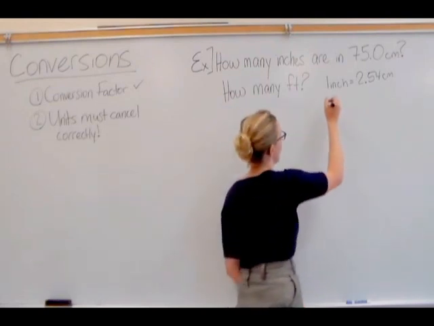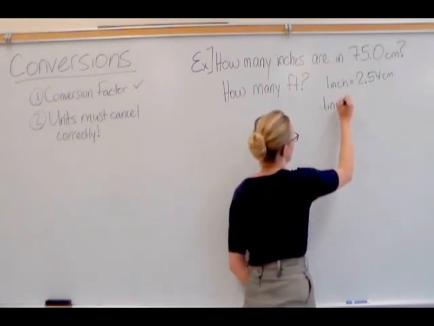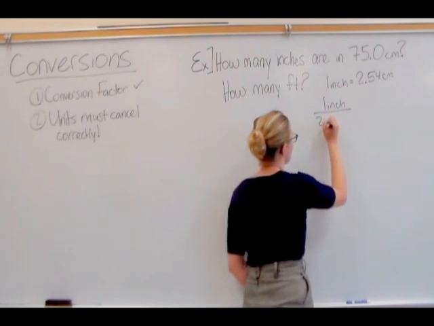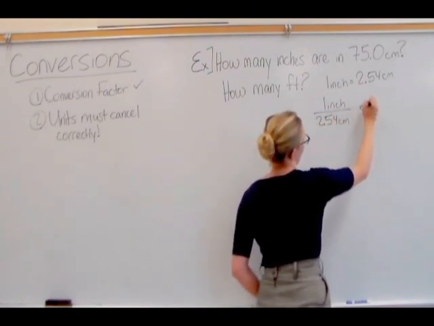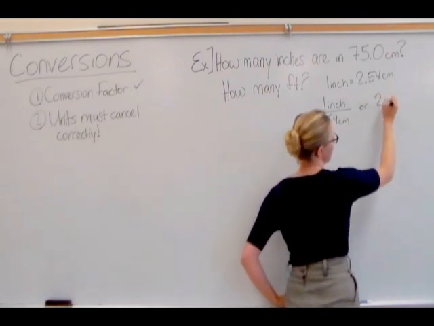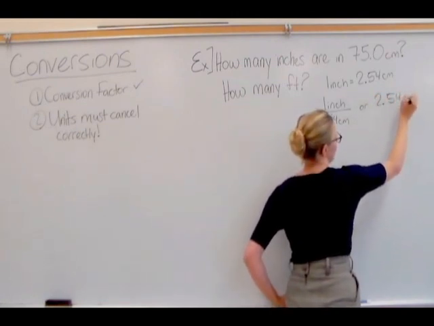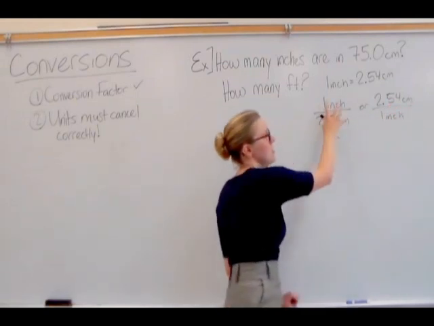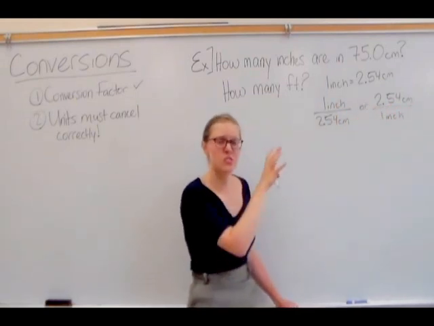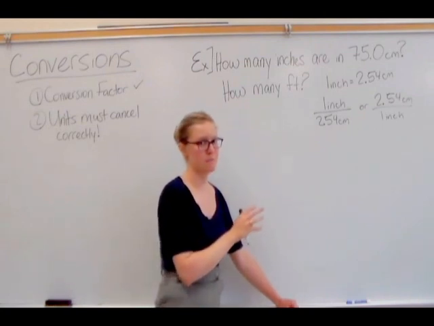And then we can write that saying 1 inch has 2.54 centimeters, or we can write there are 2.54 centimeters in 1 inch. So these two are equivalent. It's just two different ways of saying the same thing.